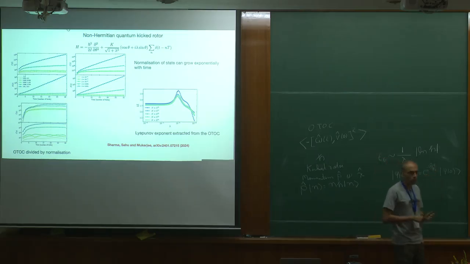And so now, if for whatever reason you don't want the normalization to be preserved, then one way in which that can happen is if the Hamiltonian in question is actually not a Hermitian operator. So this is a way in which you can think of non-Hermitian Hamiltonians.